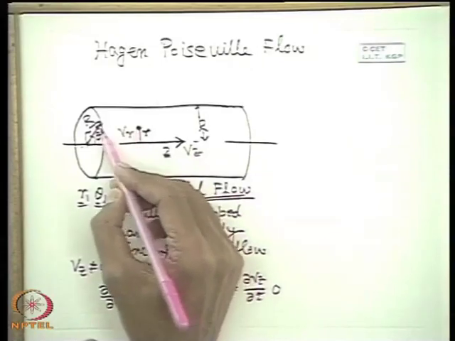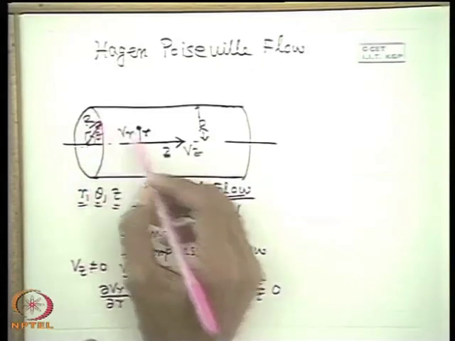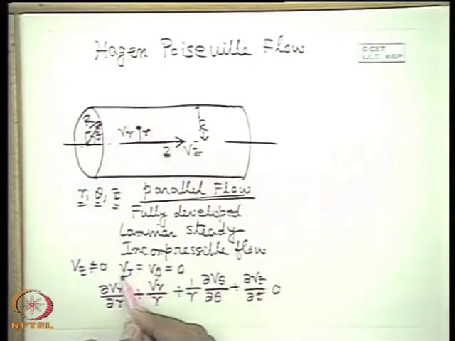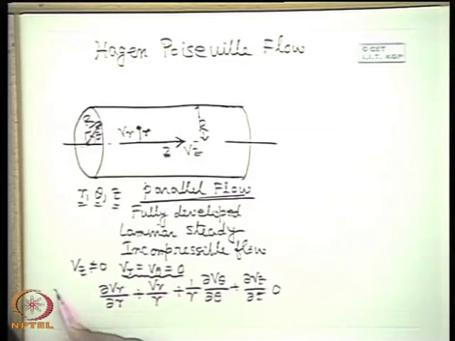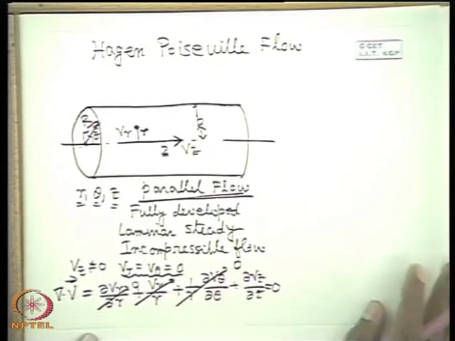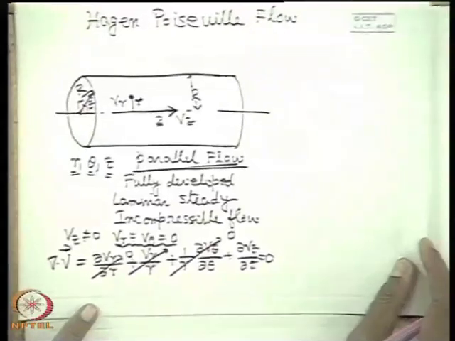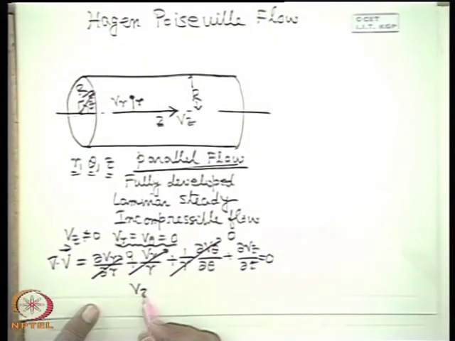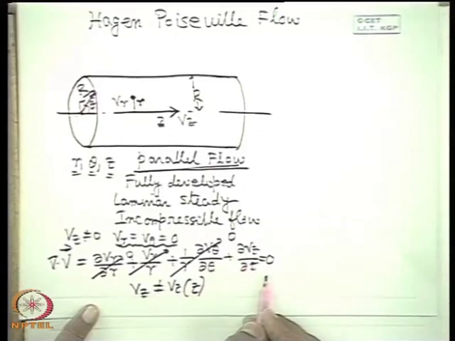But they are 0 for parallel flow, except Vz. So, as a usual consequence, Vz is not a function of Z, because del Vz del Z is 0.